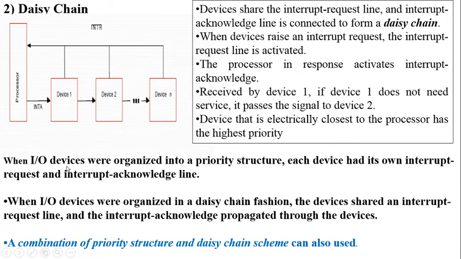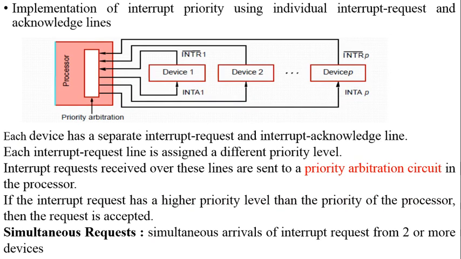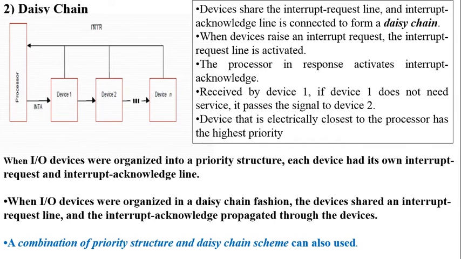Okay, when I/O devices were organized into a priority structure, each device had its own interrupt request and interrupt acknowledgement line. The priority based scheme uses separate interrupt request and interrupt acknowledgement lines. When I/O devices were organized in a daisy chain fashion, devices shared an interrupt request line like this, and the interrupt acknowledgement propagates through the devices in a daisy chain manner.